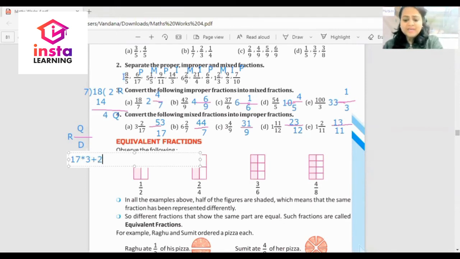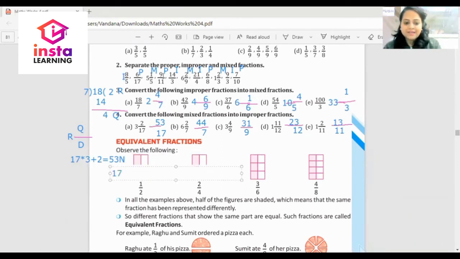So you will get the answer: 17 multiplied by 3 is 51, plus 2 is 53. So your numerator is 53 and your denominator is 17. Okay.